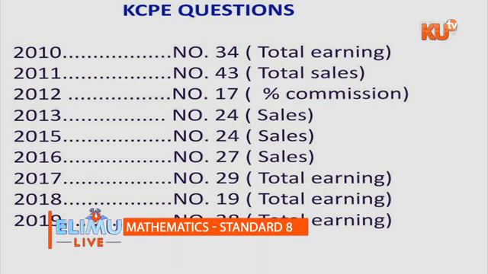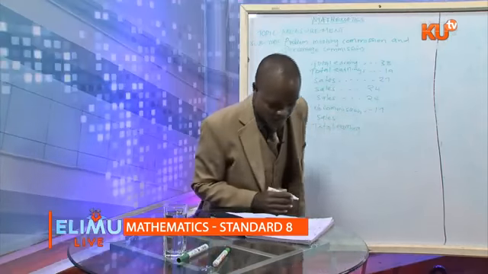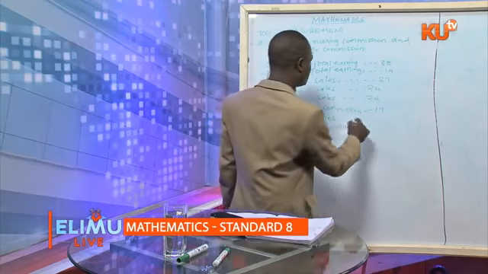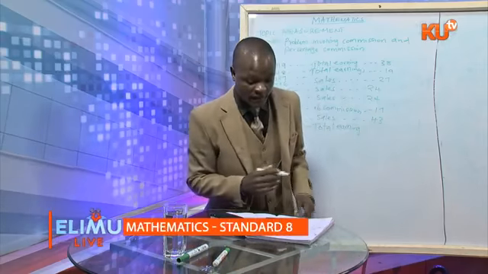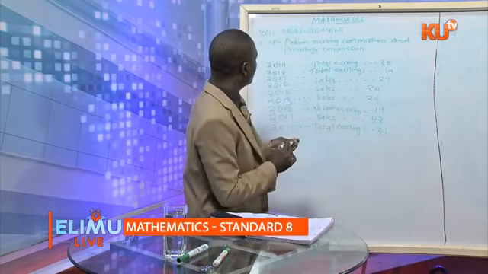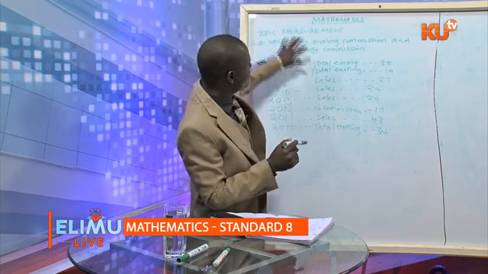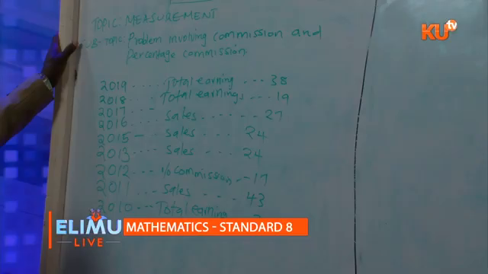In 2012, number 17. In 2011, number 43. Then in 2010, it was number 34. So this is one of the key areas in KCPE mathematics.